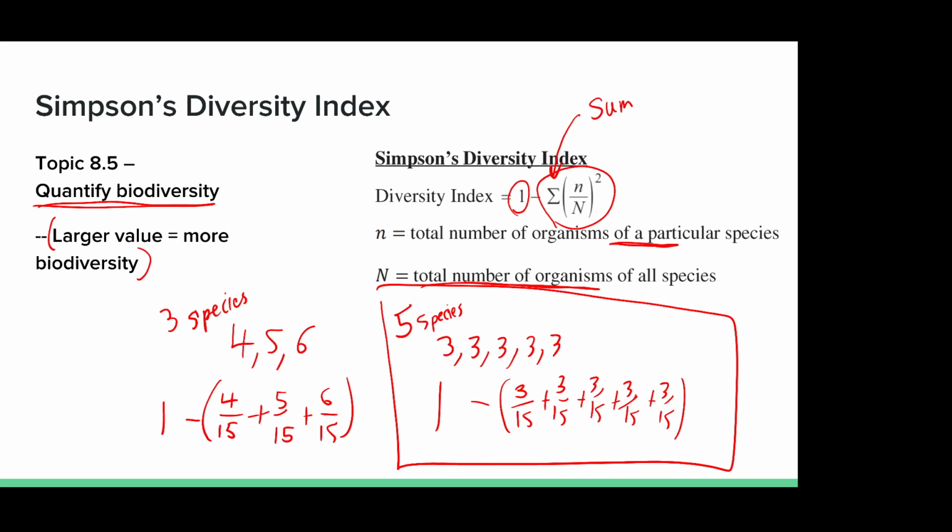Actually, we're at 3 o'clock, so I'm going to call it a day, because I was only allocated 2 hours. You could certainly calculate those values yourself, and you would find that the Simpson's diversity index for the 5 species community is higher than for the ecosystem with only 3 species.